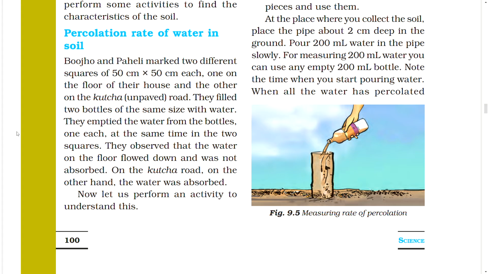Pour 200 ml water in the pipe slowly. For measuring 200 ml water, you can use any empty 200 ml bottle. Note the time when you start pouring water. When all the water has percolated, figure. Measuring rate of percolation.